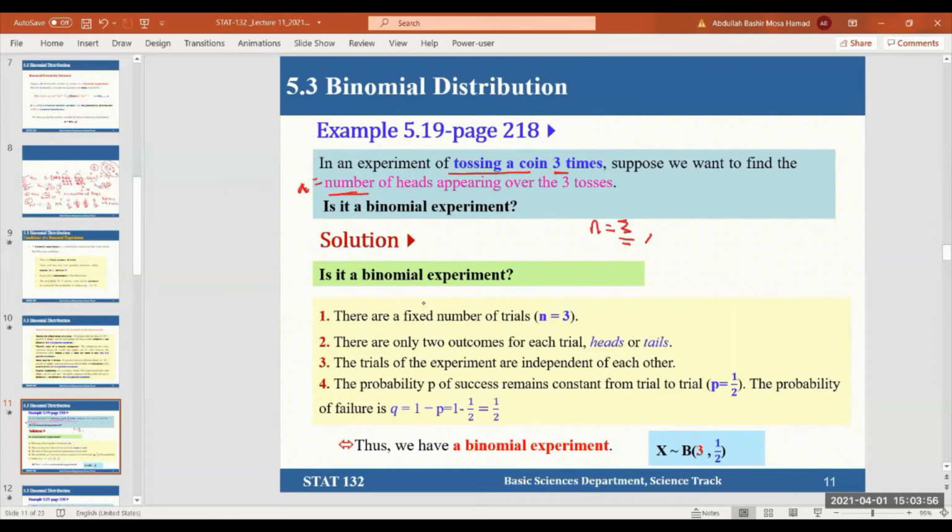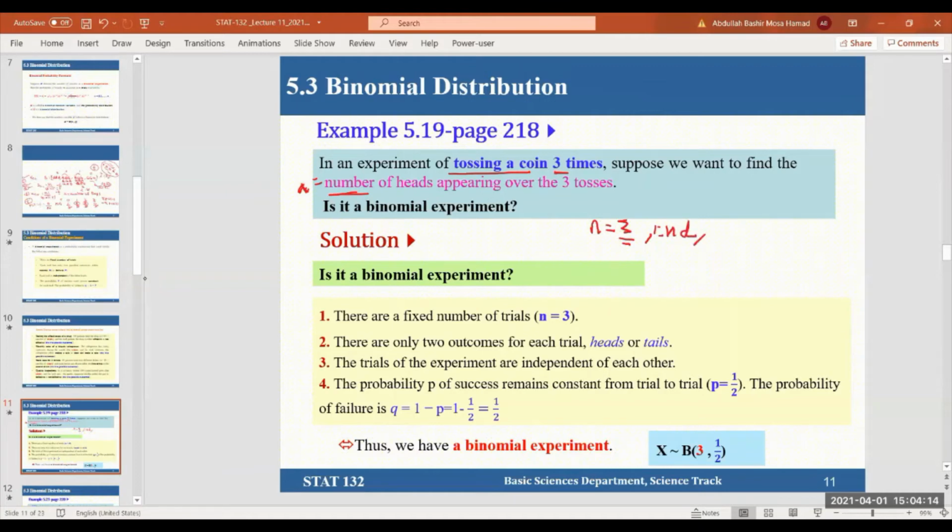For example, I toss a coin, the first time I get H. Does the second time depend on the first time or not? No, it is independent. So condition 2 is satisfied: independent.